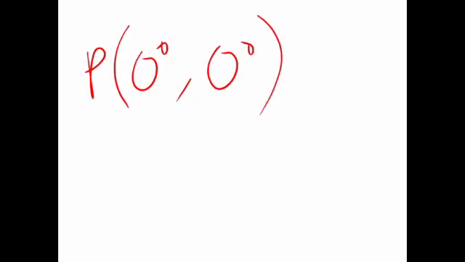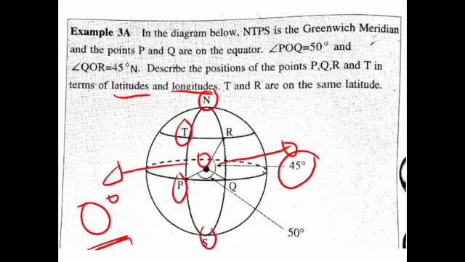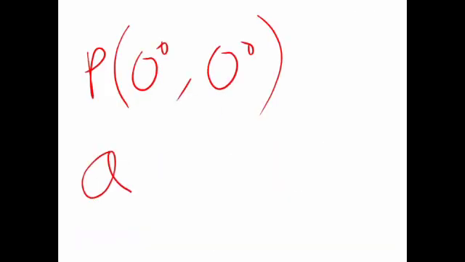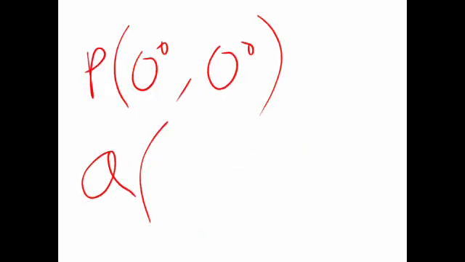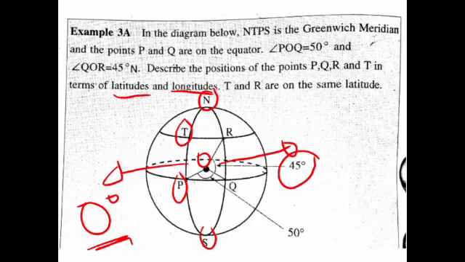Then we can go to point Q. Point Q is lying on latitude 0 degrees because it's lying on the same latitude as point P. Then we can see the longitude it's lying on.